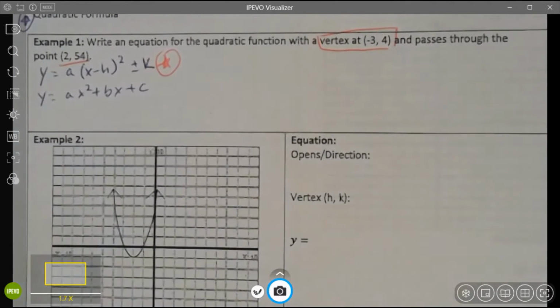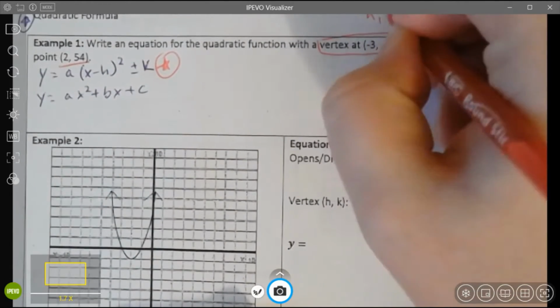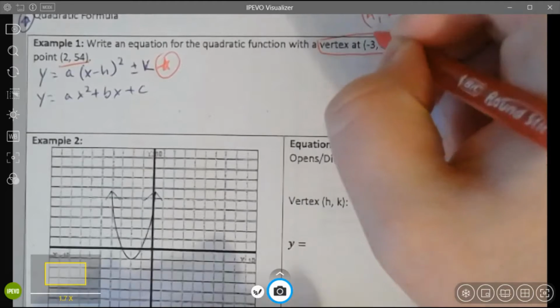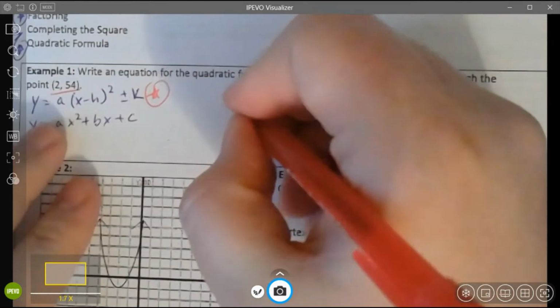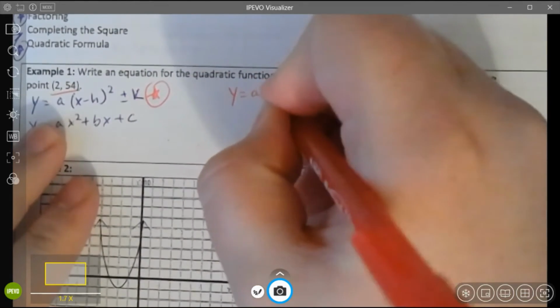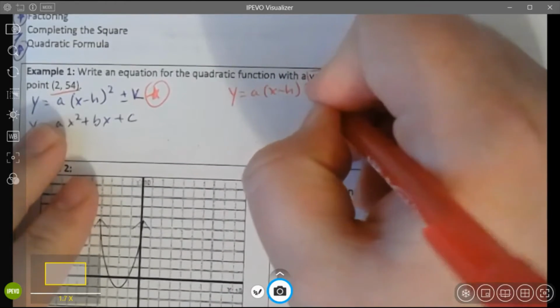Since we're given the vertex, we know this is my h and this is my k. h is -3 and k is 4. So when we write our equation, we'll use this form, y equals a times x minus h squared plus or minus k.